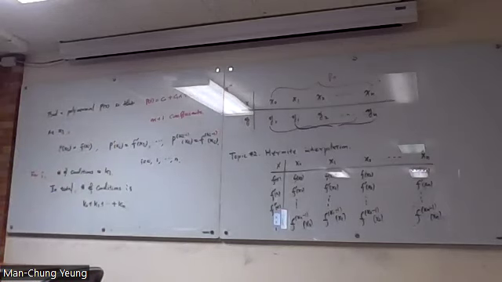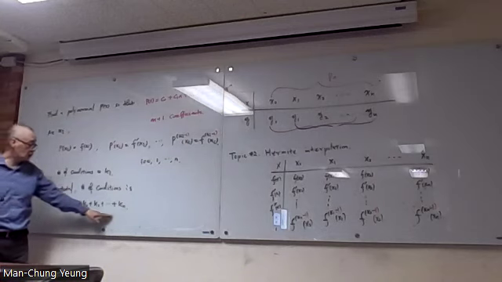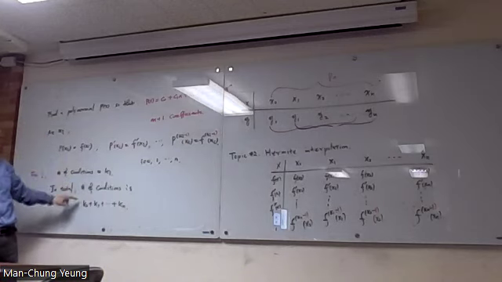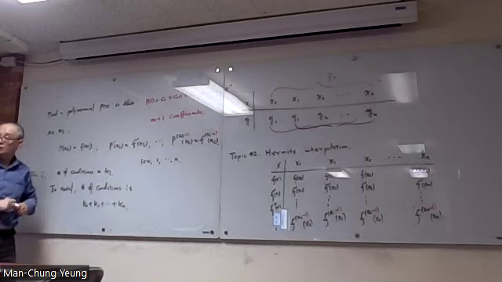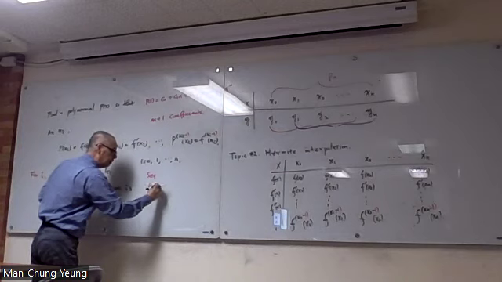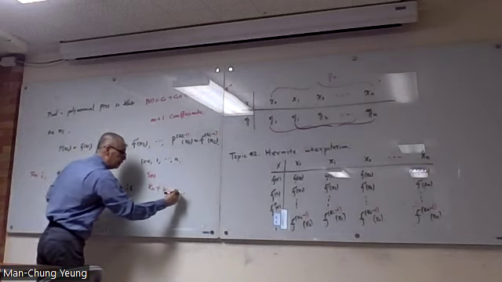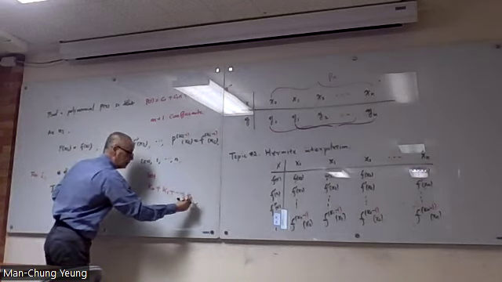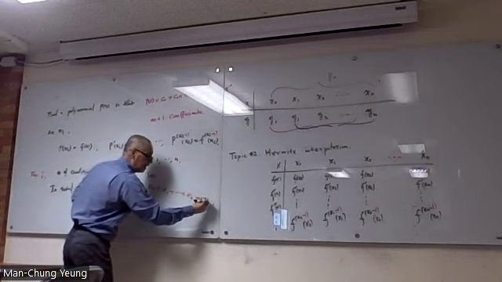You agree? Now we have so many equations. So set k_0 plus k_1 plus up to k_n equal to m plus 1.